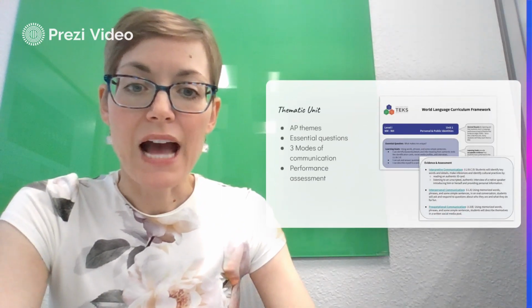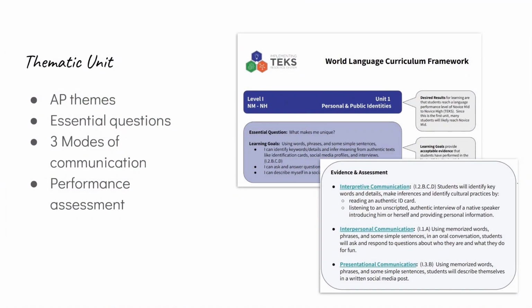If we look at a thematic unit, we'll see that it is organized around AP themes. That's the theme of the thematic unit, right? And these themes really dive in deep to issues in the humanities. Themes would be beauty and aesthetics, families and communities, personal and public identities.